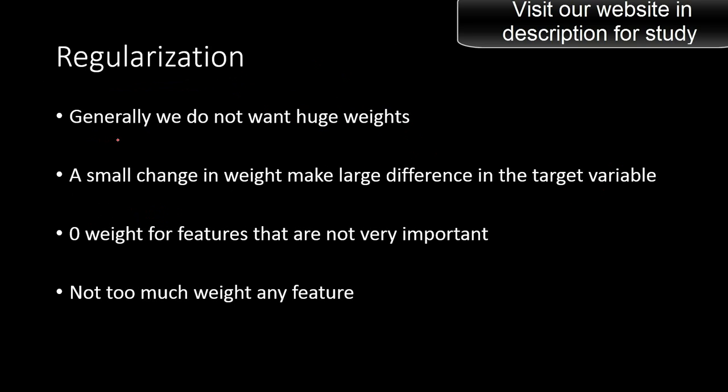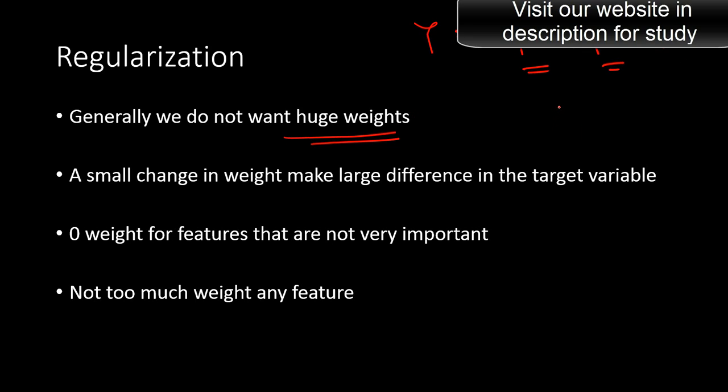So what is regularization all about? Okay, a few points to understand on regularization. Generally we do not want huge weights in our model. So if a model is something like this, we do not want beta naught, beta 1 or beta 2 to be a huge number.